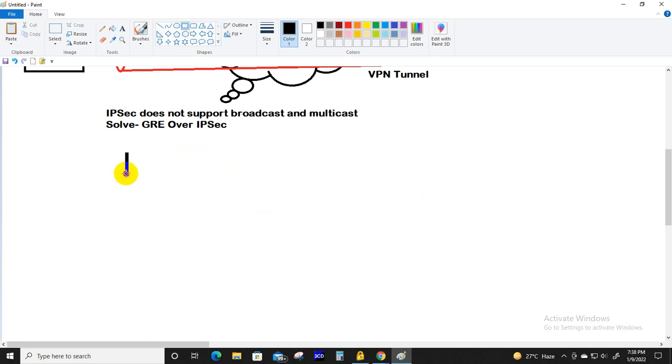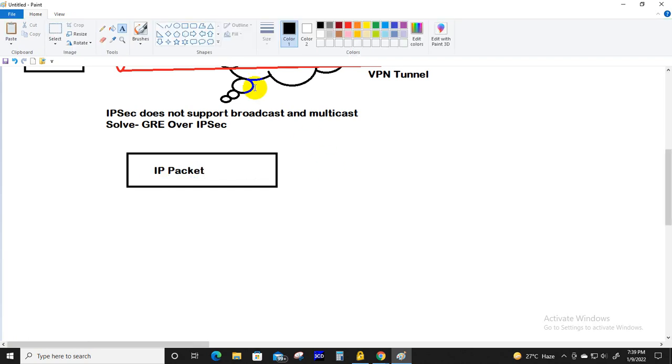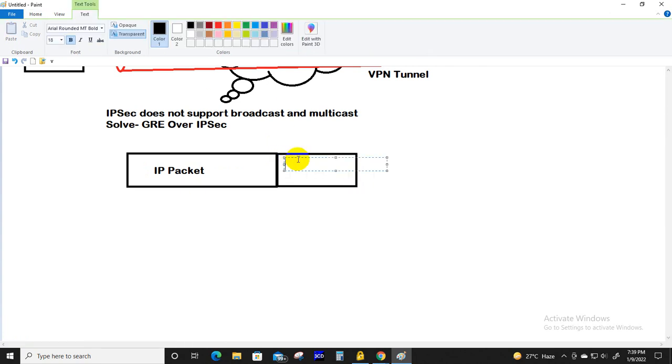So this is the IP packet. This is the VPN header.